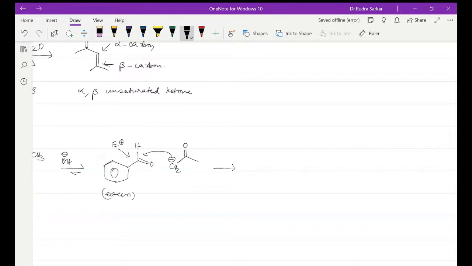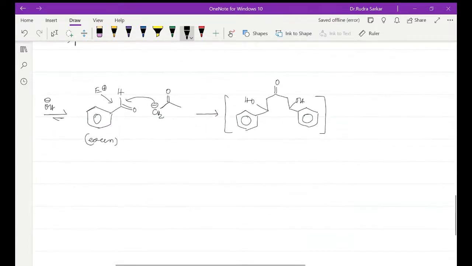So if that is the case, then out here we will have a situation in which both the alpha carbons of the acetone will act as a nucleophile towards two separate benzaldehyde molecules, and we will get an intermediate having this particular structure.